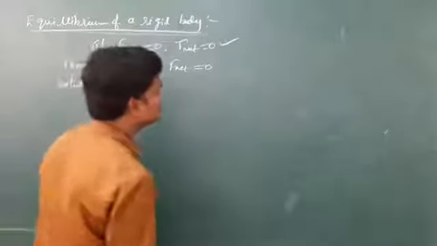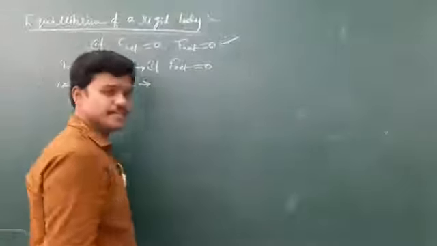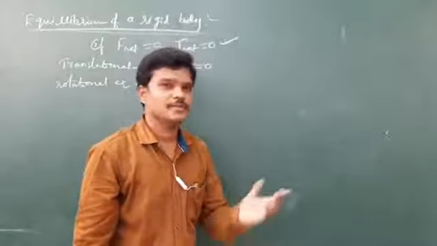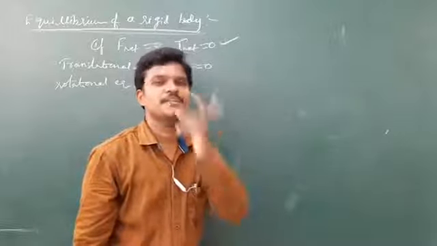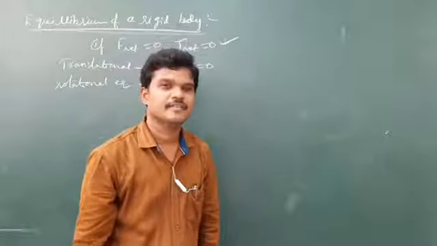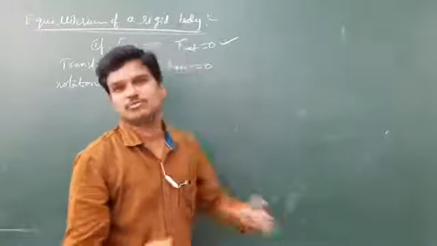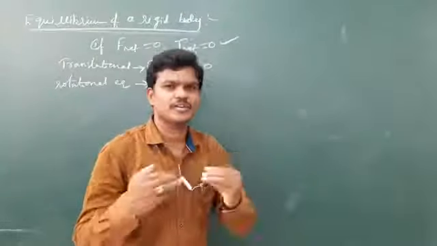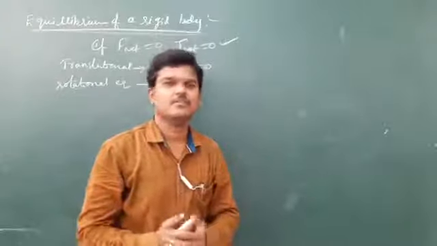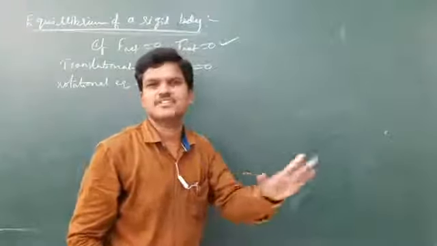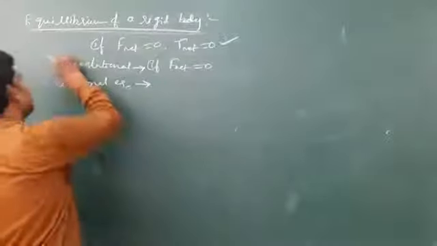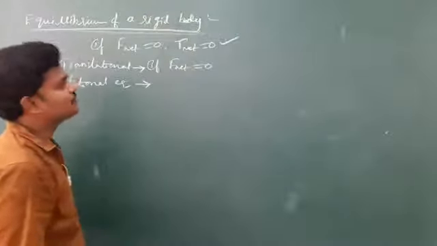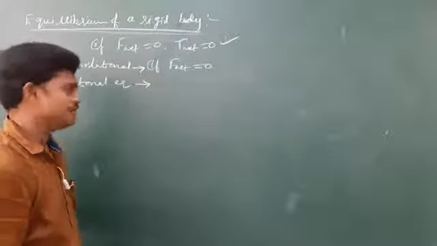As net force is 0, and force is nothing but dp by dt, the rate of change of linear momentum, dp by dt is 0, so p is constant. Constant momentum means the body is in pure translational motion. So the rigid body is in translational equilibrium if the net force acting on the body is 0.